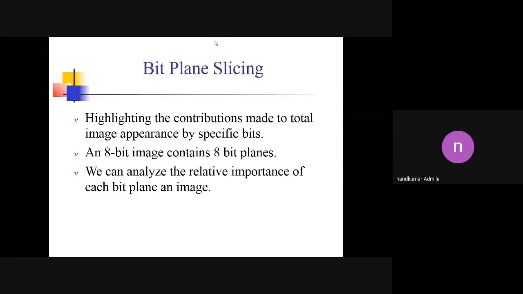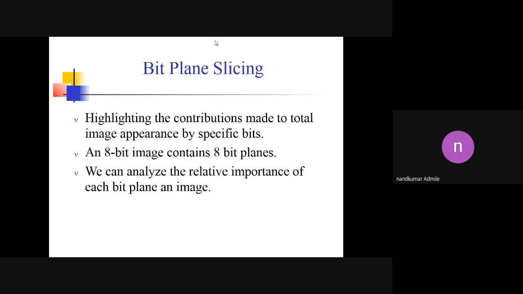The next concept is bit plane slicing. In bit plane slicing, we always represent the image in bit size. The smallest unit to represent the image is a bit. We can consider kilobyte images, megabyte images, gigabyte images, but the smallest unit is a bit.